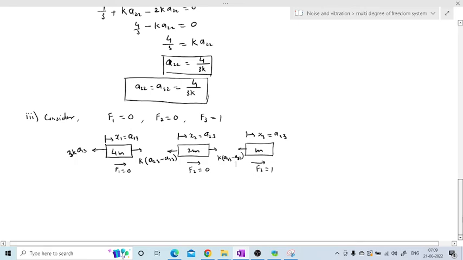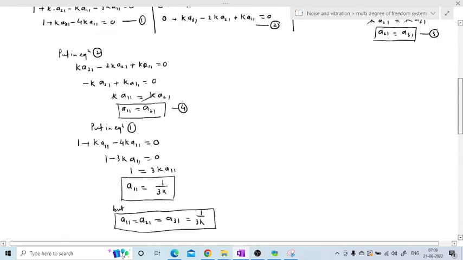Now we'll use Maxwell's reciprocal theorem, and we'll get the sum of the values. Now for that I'll go back to that matrix.